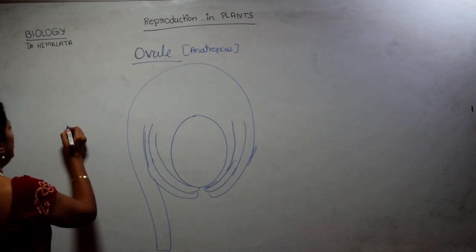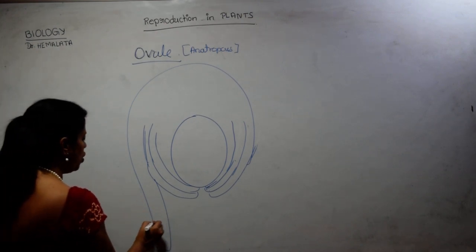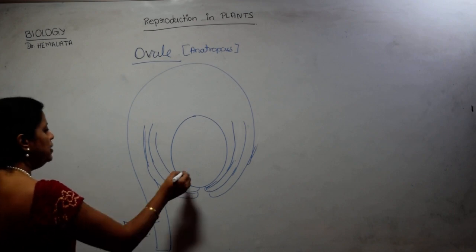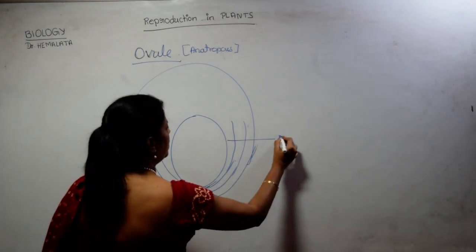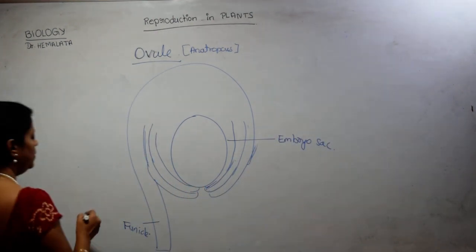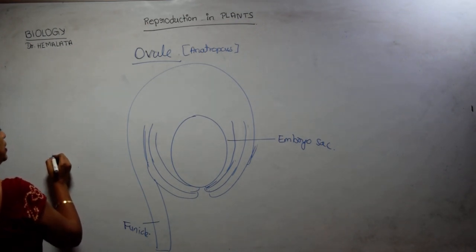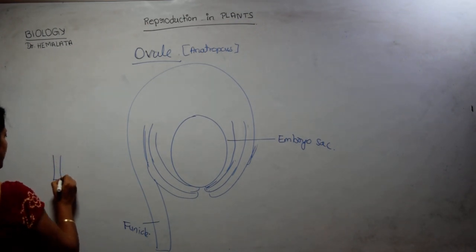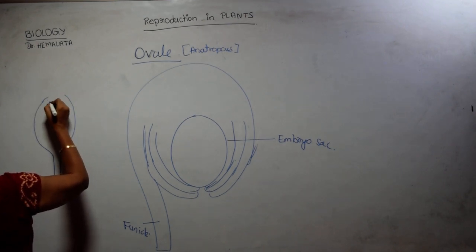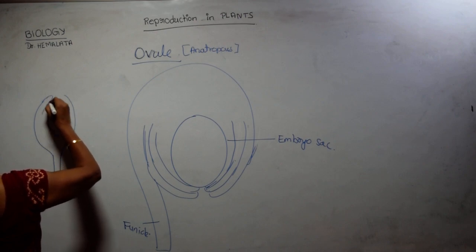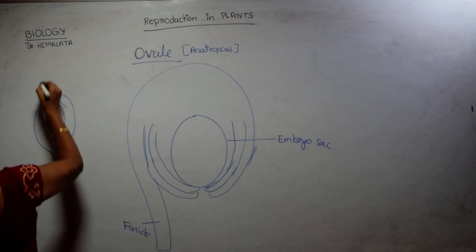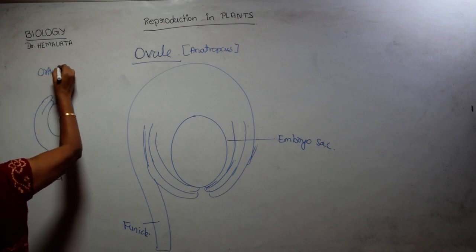But in some, what happens is, this is the stalk. The stalk of the ovule is called the funicle, and this is the embryo sac. But if you learn another type, you find the stalk like this and the ovule will be straight like this, right? And here is the embryo sac with the membranes. Okay, this we call orthotropous ovule.